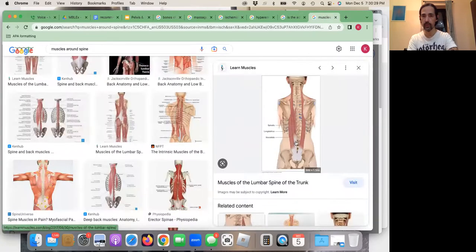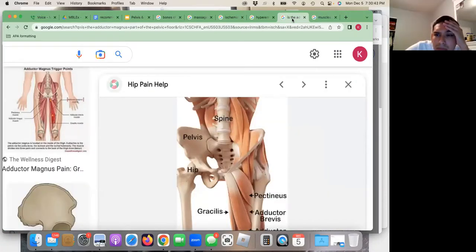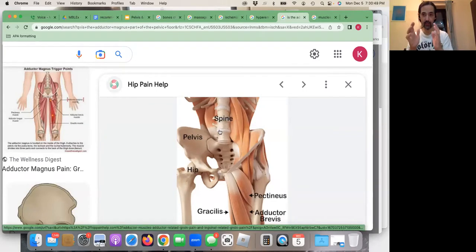The erector spinae group are like the back bookends, and the psoas is like the front bookends, left and right.